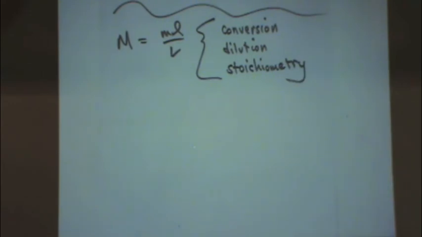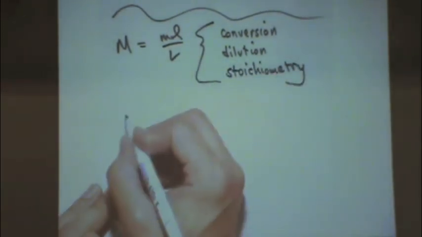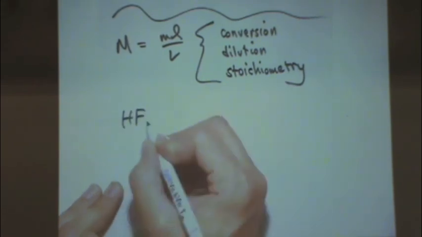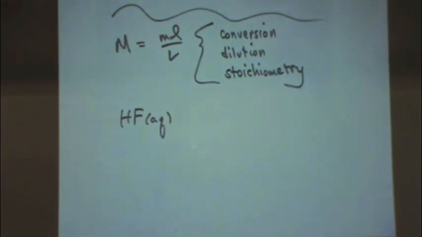All right. There are a lot of exciting examples that have been given for this one. Let's take HF, aqueous. What's the name of this, by the way? Hydrofluoric acid. Hydro, again, because there are only 2 elements. Hydrofluoric acid.